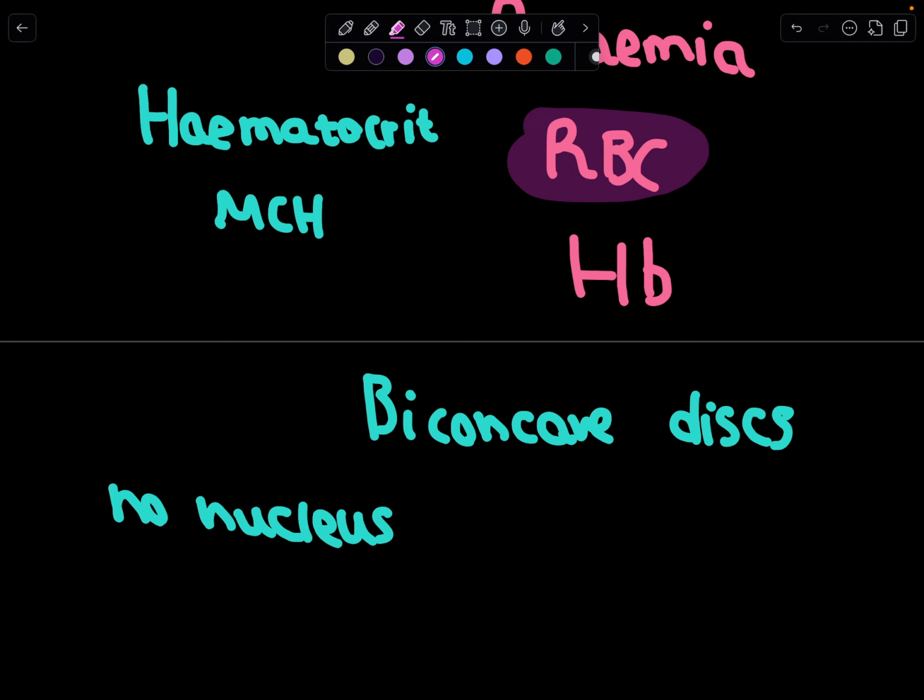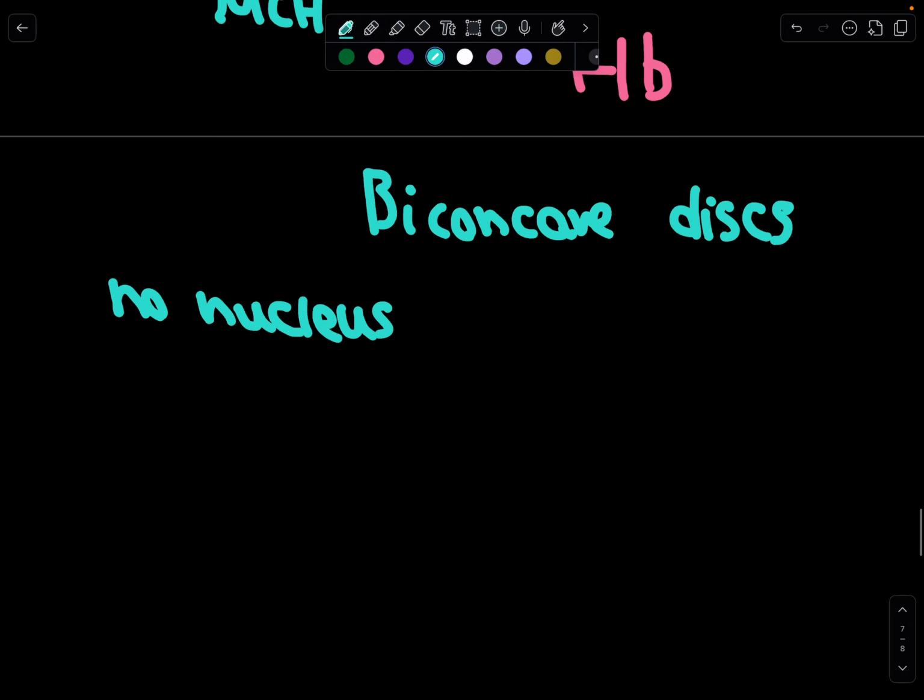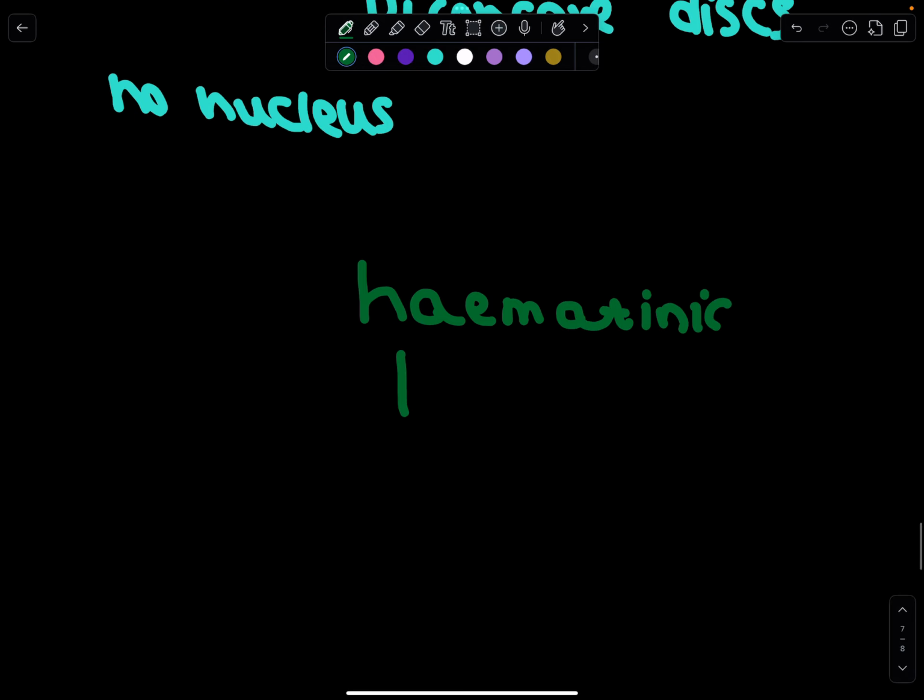Okay, let's talk a bit about blood film now. I want to understand the differences between hematinic deficiency, hemoglobinopathy, hemolysis. A blood film is a thin layer of blood smeared on a slide, examined under a microscope to check red blood cell shape, size, and other features.